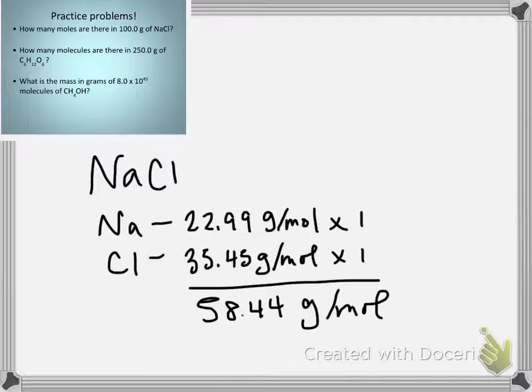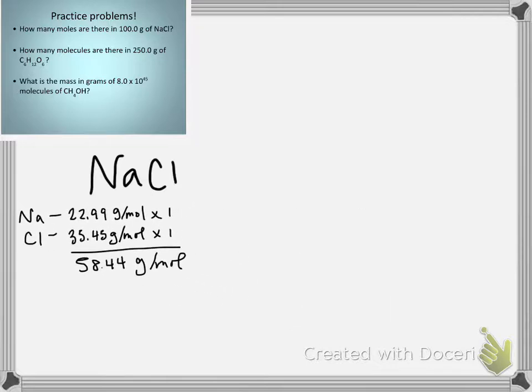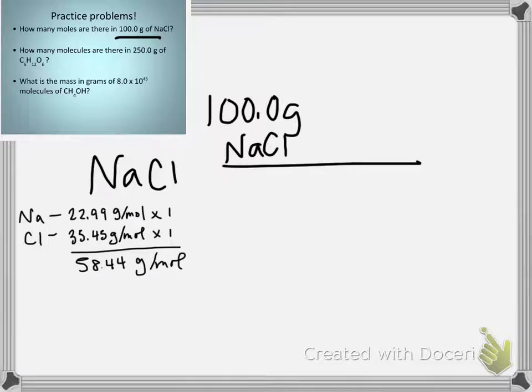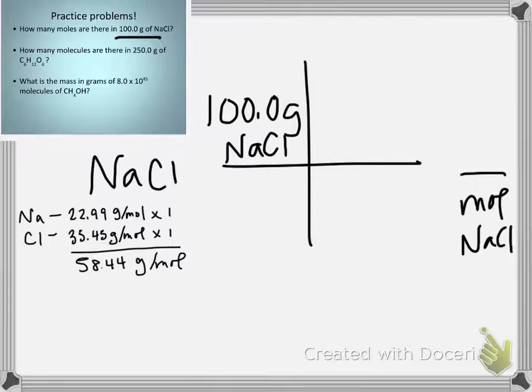Now we will need to do a factor label for that. Remember that factor labels always start with your given in the first box, and our given here is 100.0 grams of sodium chloride. Now, we want to know how many moles of sodium chloride that is. So we need to have units here and here cancel.